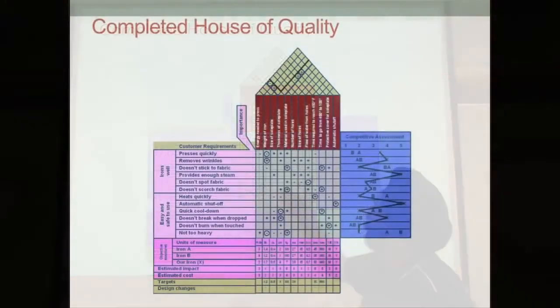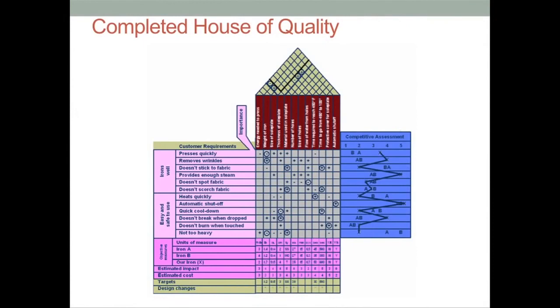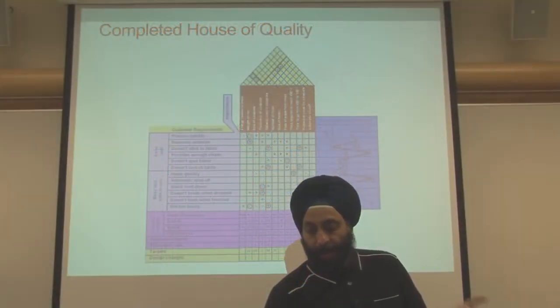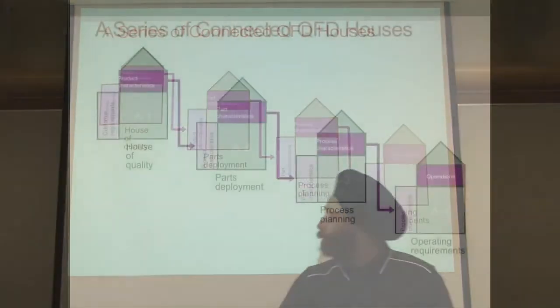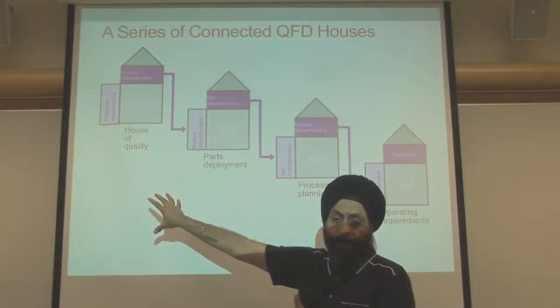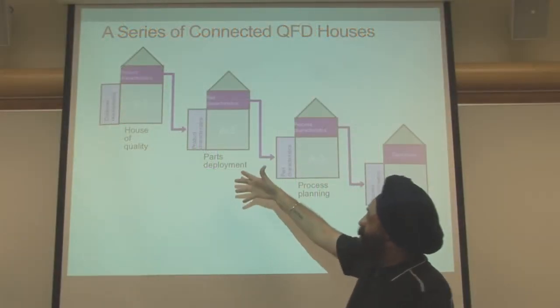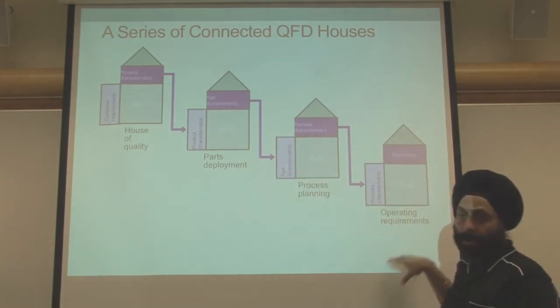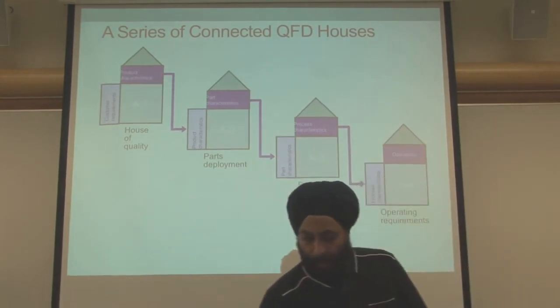And then this is the completed house of quality, how it looks in real life. And you can use that for a variety of features in a product. So you can use that for one type of product characteristics, which is the iron portion of the product, in terms of packaging, in terms of parts, in terms of process, etc., and improve things.